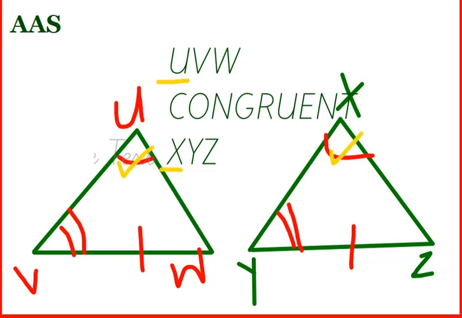Angle U and angle X both have one red line. Angle V is equal to angle Y, because V has two lines and Y also has two lines, meaning they're equal to each other. And W is equal to Z because W has nothing on it and Z also has nothing on it, meaning they're equal to each other. So this is how you prove congruency in triangles.